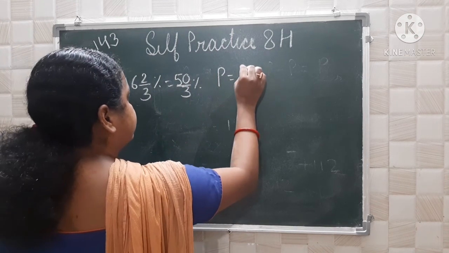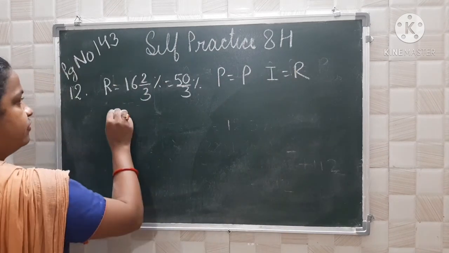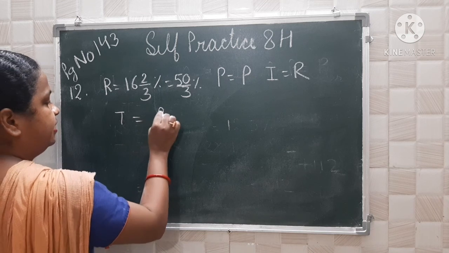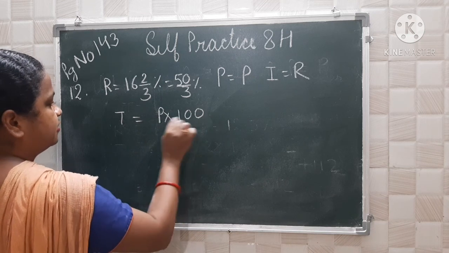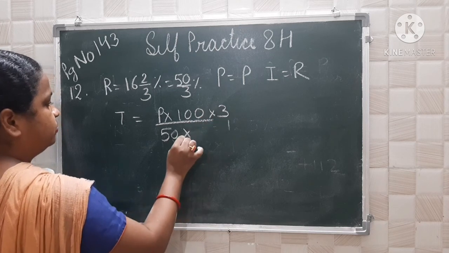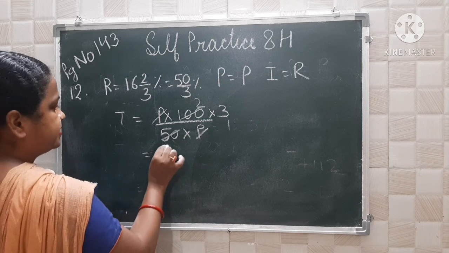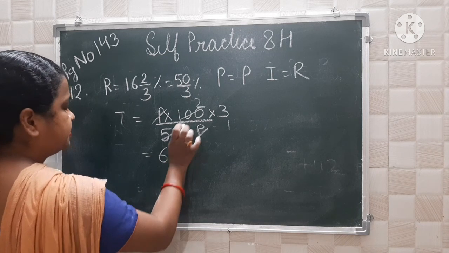Principal is P and I should also be equal to P. So what will be the time? P into 100 upon 50. Here the 3 will go into P. P cancel out. 50 2s are 100, 2 3s are 6 years.